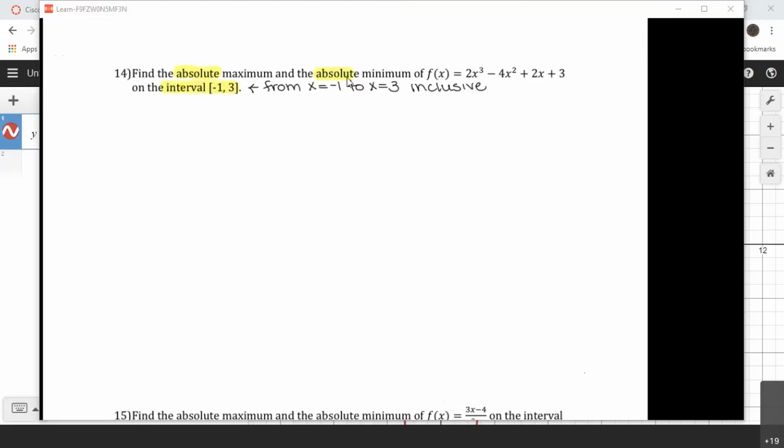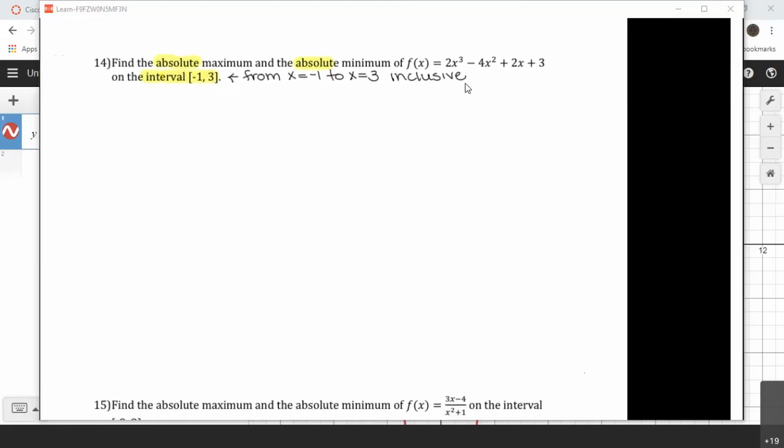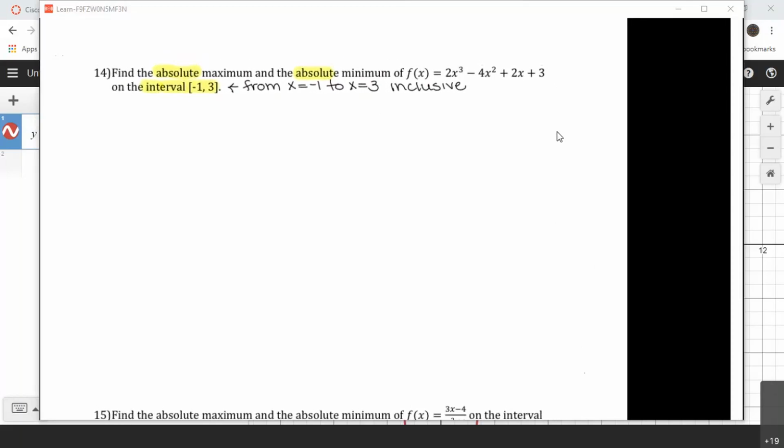If there were no interval given on this function in 14, would the function have any maxes or mins? Absolute, like across the whole domain of the function. What do you think? I'm asking for feedback, so just vote in the chat, yes or no.